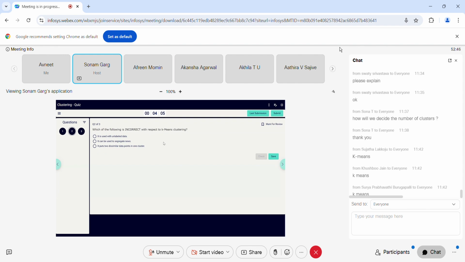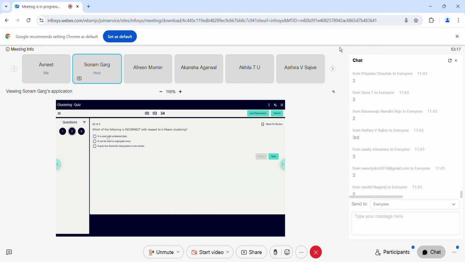Next question: which of the following is incorrect with respect to K means clustering? Why three?